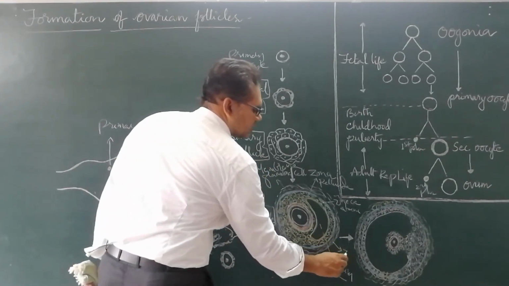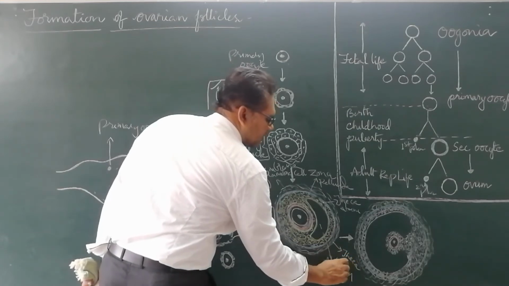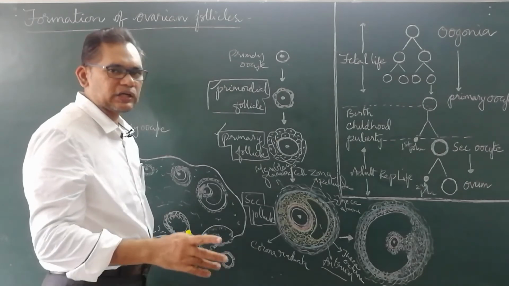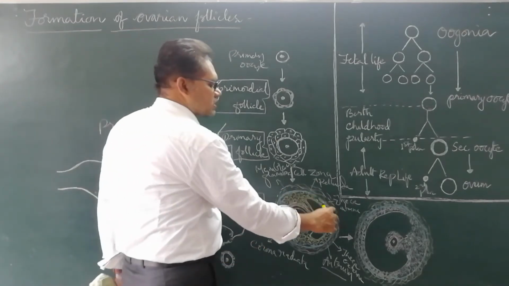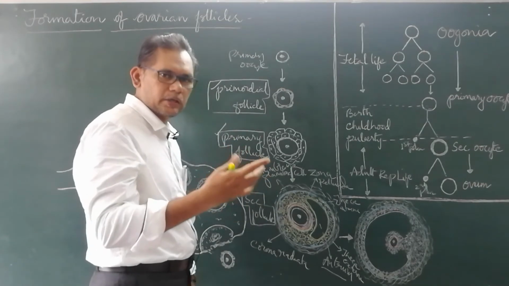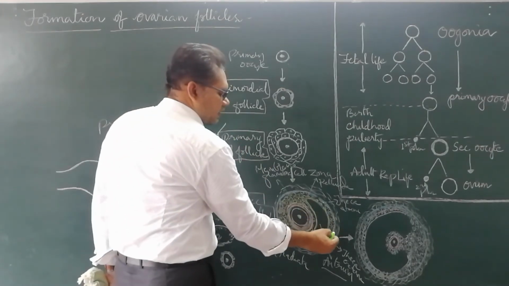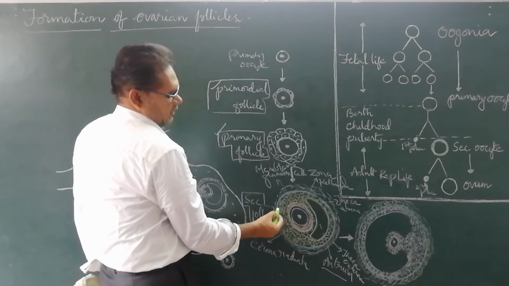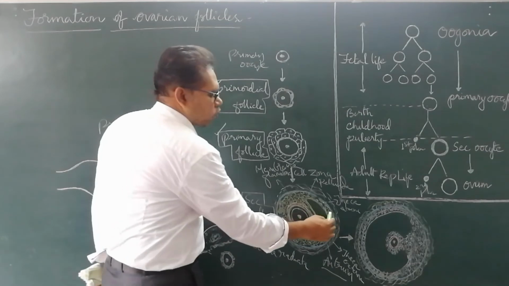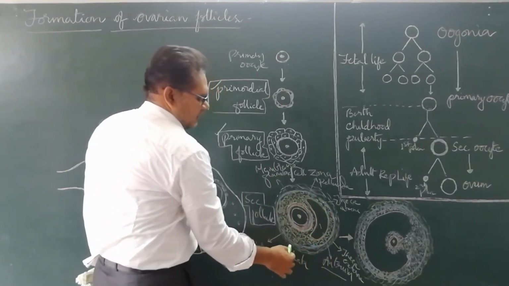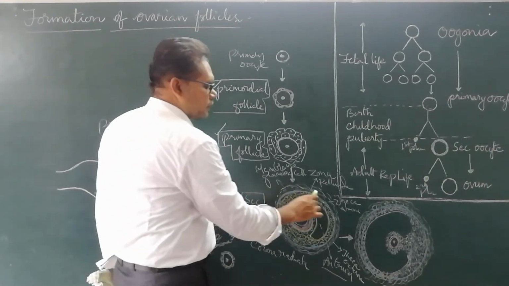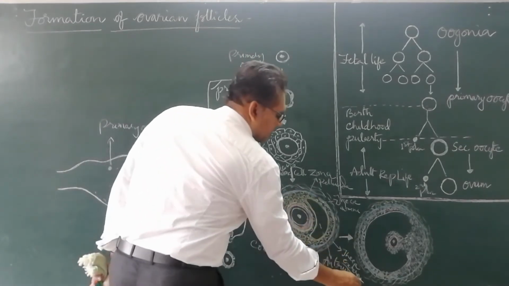This is called the theca externa. What we are saying here is that the cells outside the granulosa cells differentiate into two thecas. The theca formed inside, shown in blue color, is the theca interna. Outside this, the cortical cells present in the cortex region of the ovary produce another layer called the theca externa.